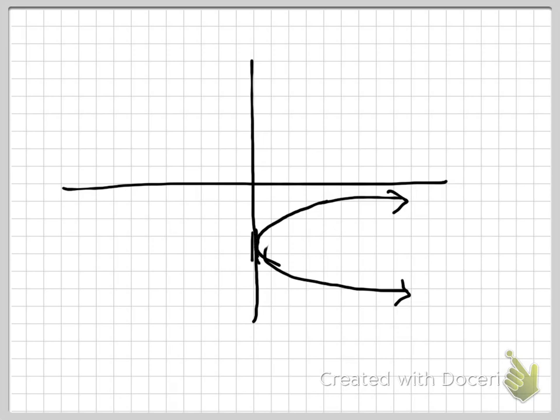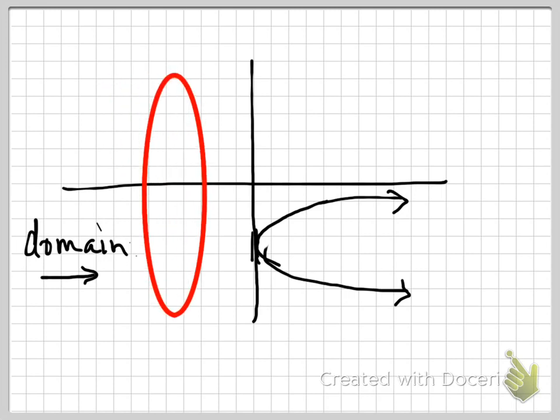Okay? Now our domain is all of our x values. And you'll notice that it does indeed have arrows on both ends, right? But remember, the domain is read from left to right. So you're going that way. And if you're in this section of the graph over here, I'll just show you what I mean.